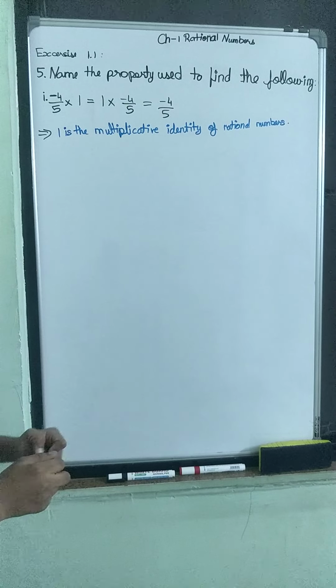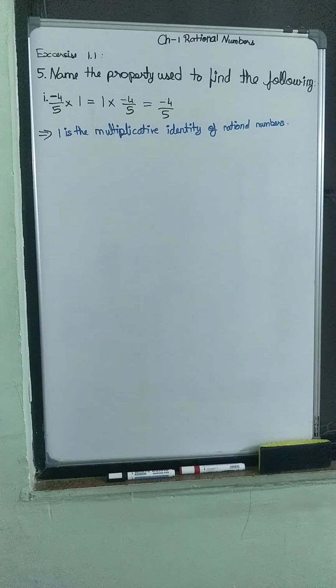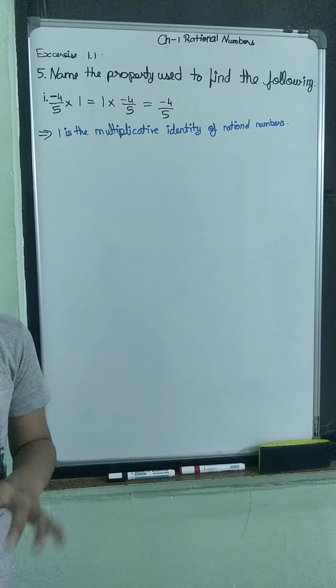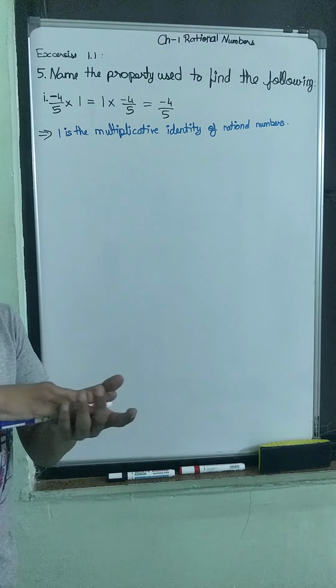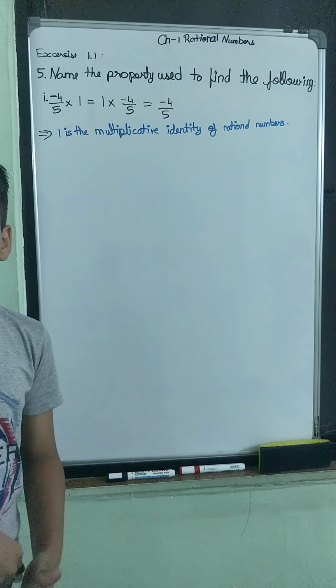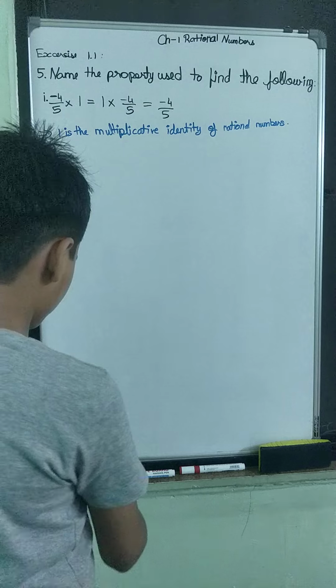Okay, 1 is the multiplicative identity of the rational numbers. That means that whenever we multiply any number with 1, the answer is always that same number.